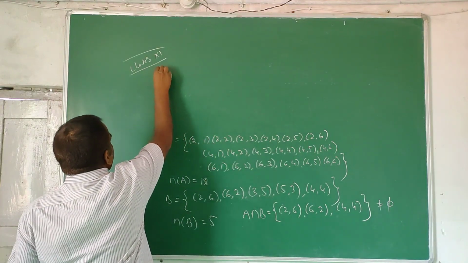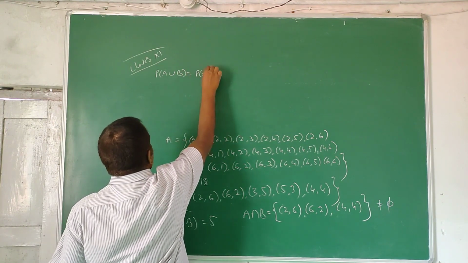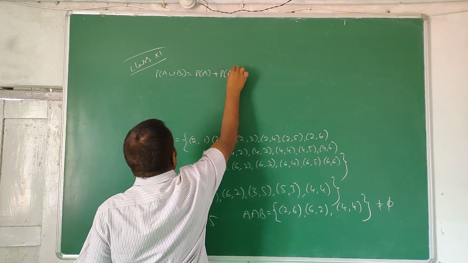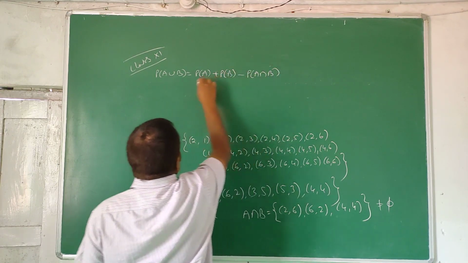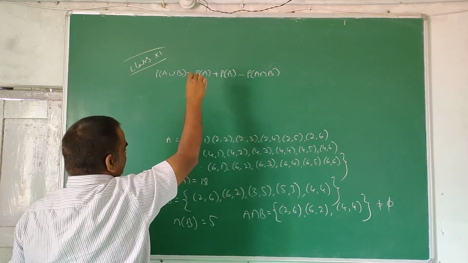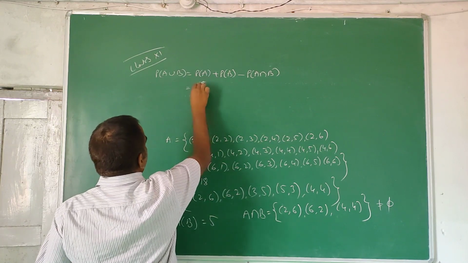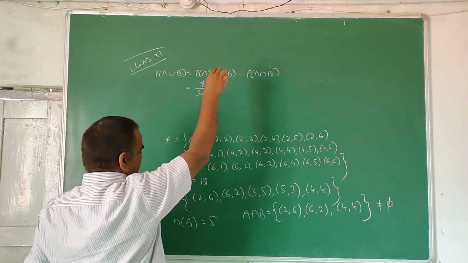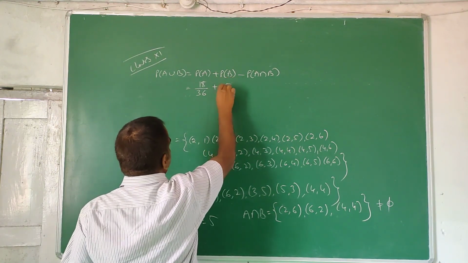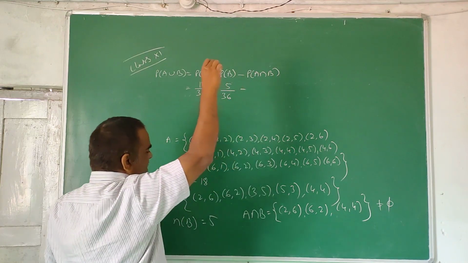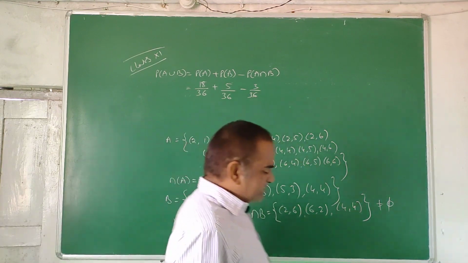So the required probability is P of A union B equals P of A plus P of B minus P of A intersection B. P of A is n of A by n of S, 18 by 36. P of B is n of B by n of S, 5 by 36, minus 3 by 36.